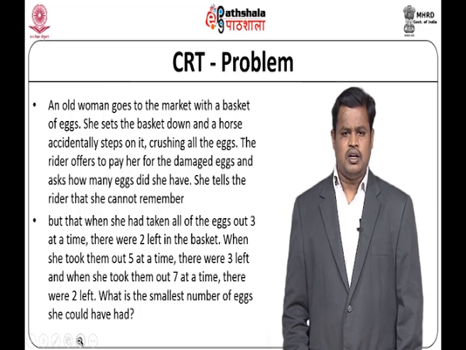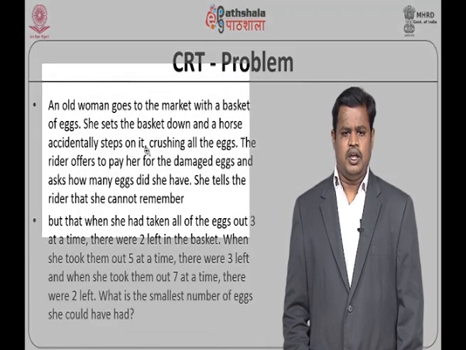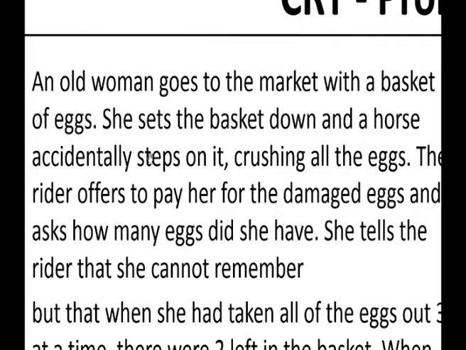let us understand a story about an old woman with eggs. An old woman goes to a market with a basket of eggs. She sets the basket down and a horse accidentally steps on it, crushing all the eggs.